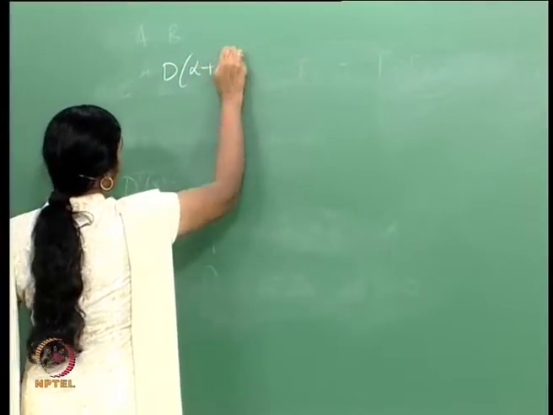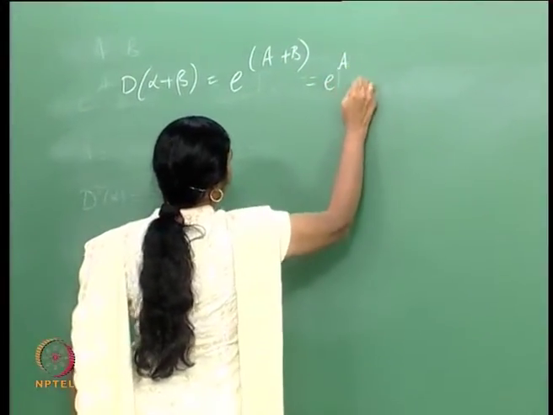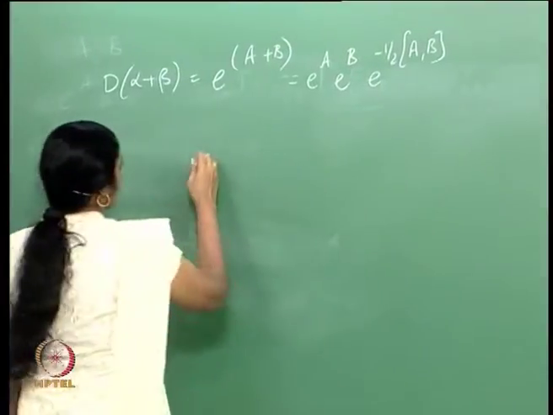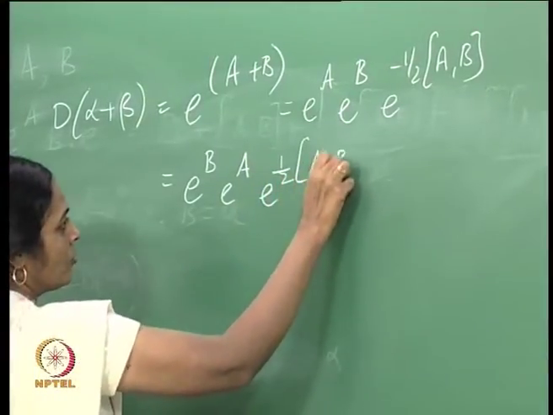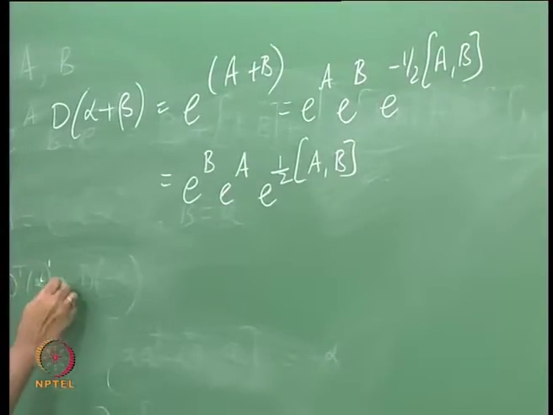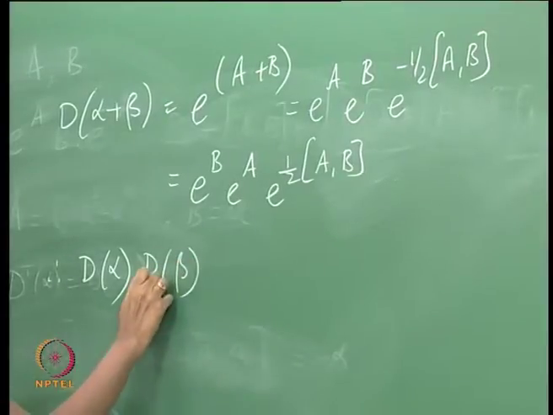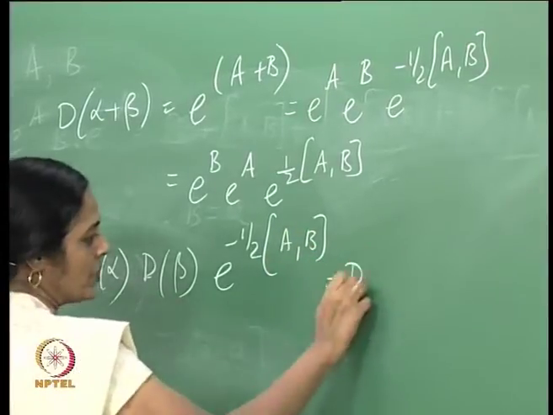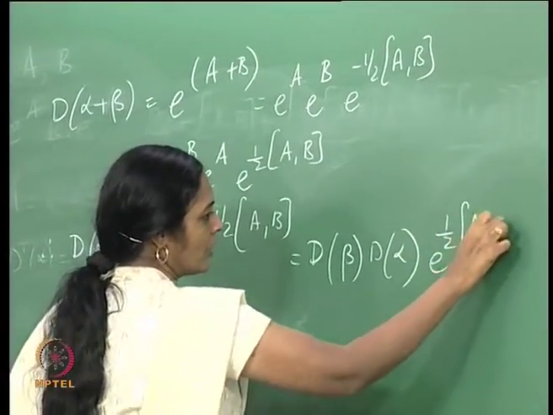D of alpha plus beta is e to the A plus B, and that is the same as e to the A, e to the B, e to the minus half commutator of A with B. But it is also the same as e to the B, e to the A, e to the plus half commutator of A with B. I therefore have now e to the A is simply D of alpha, e to the B is D of beta, e to the minus half commutator of A with B is e to the B, which is D of beta, e to the A, which is D of alpha, e to the plus half commutator of A with B.